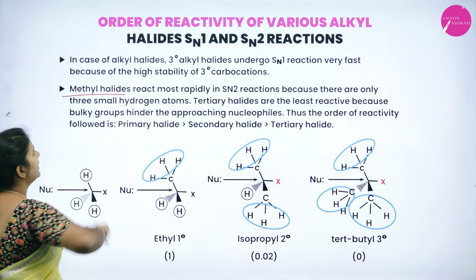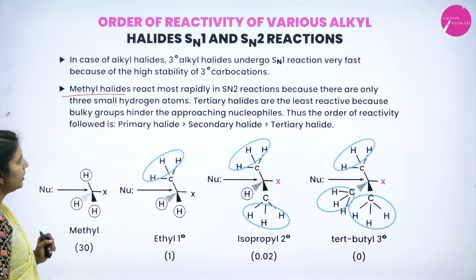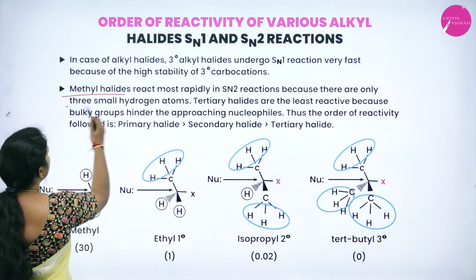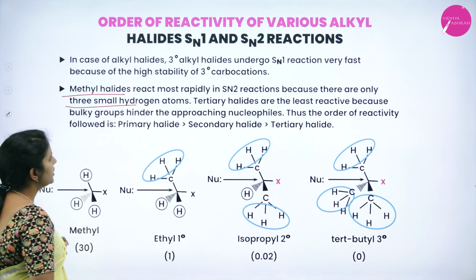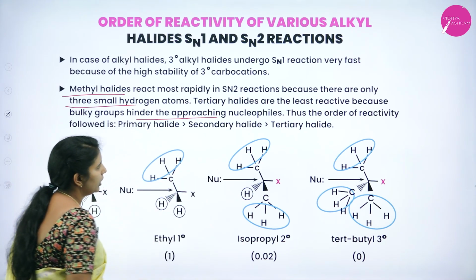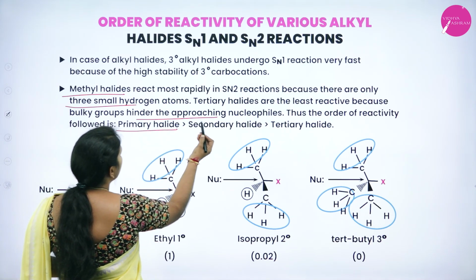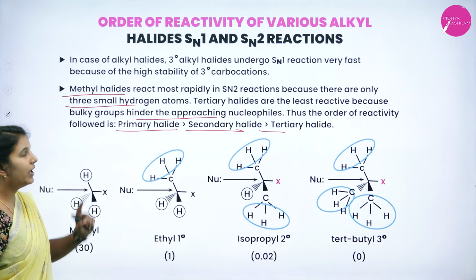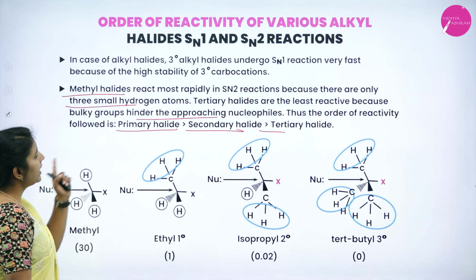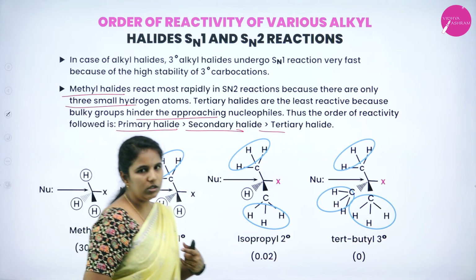If you consider the methyl halides, they react more rapidly in SN2 reaction because there are only 3 small hydrogen atoms, and tertiary halides are the least reactive because of the bulky groups, which hinder the approach of the nucleophile. Thus, the order of reactivity goes like this: primary halide, secondary halide, and tertiary halide. This is in case of what? SN2 reaction mechanism. Whereas in SN1, tertiary butyl structures are more reactive.